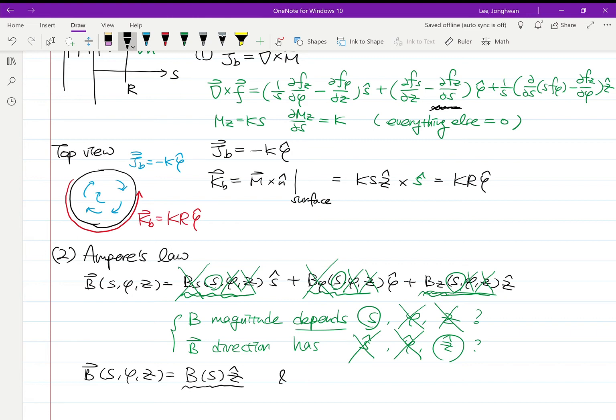And we also want another condition here: as I mentioned, when s goes to infinity, the field will become 0 because it has a finite distribution in the radial direction. So if you go really far from the cylinder, then it will become 0.